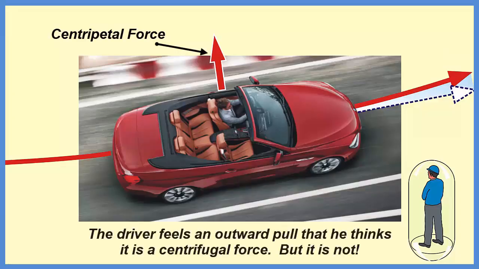However, the driver feels a side force, from the center outwards, as seen from a distance by a floating non-accelerated observer. The driver feels this force like a centrifugal force, whose nature he cannot define, since he cannot apply the third law of motion. Therefore, this force is not real.